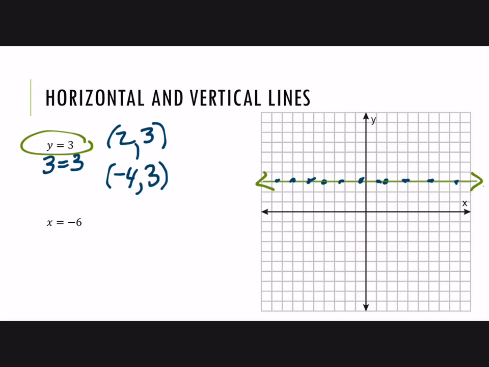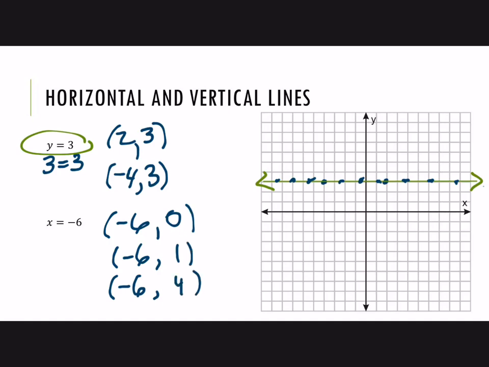Now x equals negative 6, this is saying draw all of the points that have an x coordinate of negative 6. And then we don't care what the y coordinate is, it's not mentioned in the equation, so it can be anything. You could choose 0, you could choose 1, 4, as long as the x coordinate is negative 6.